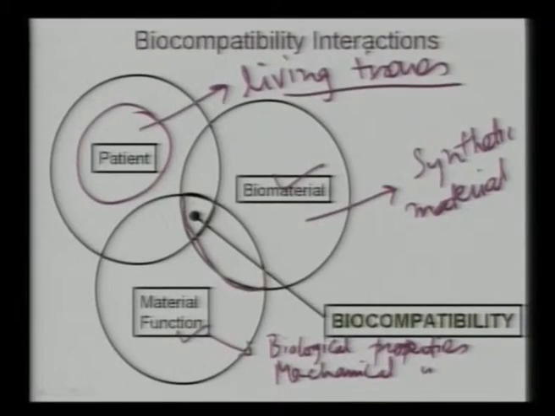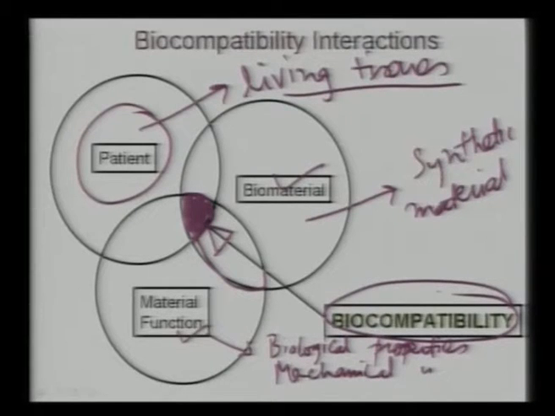For ceramics it is more powder-based methods like powder processing, sintering, and so on. Now there is the intersection of these three, and this intersection region is the one I have now shaded. This intersection is nothing but the biocompatibility property.